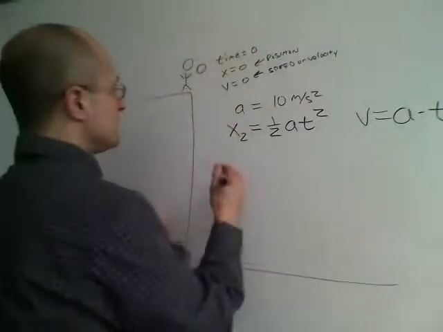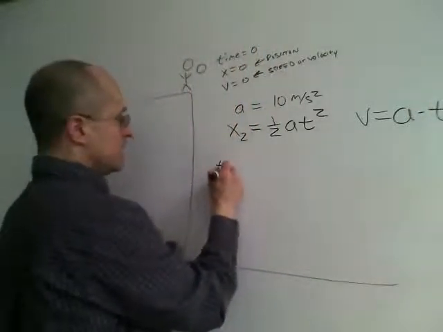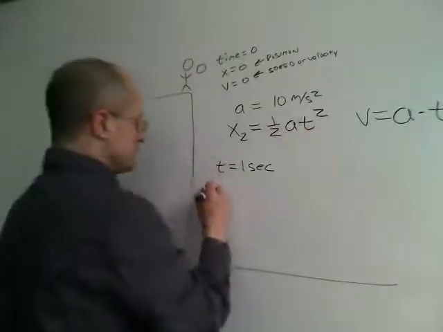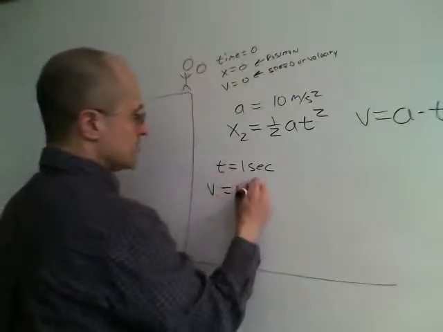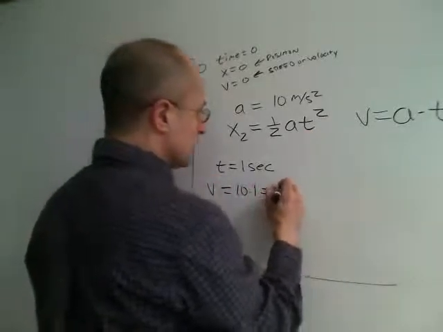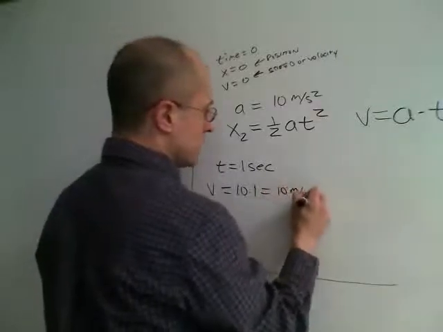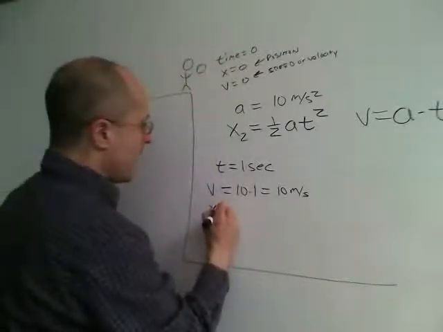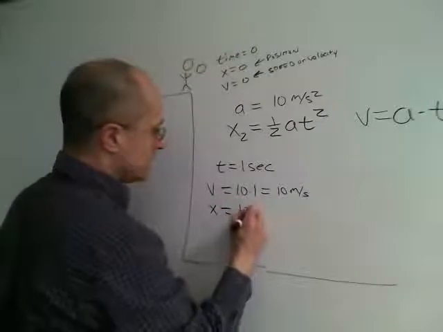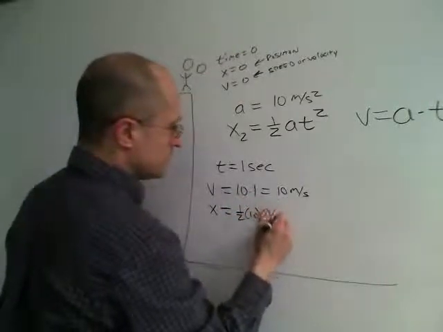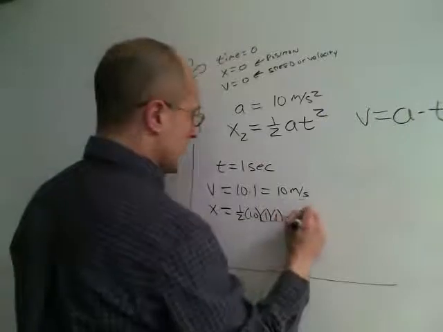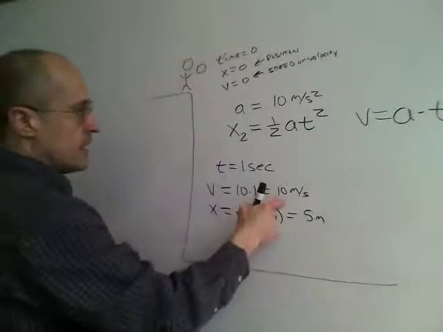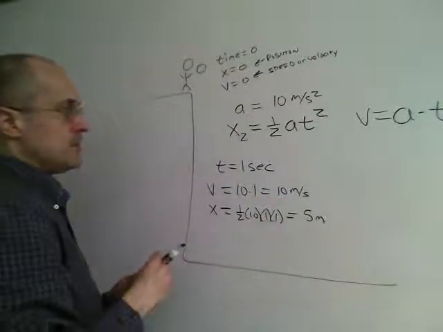Let's say after 1 second, when t equals 1 second, our velocity is equal to 10 times 1, so our ball is moving at 10 meters per second. Where's the ball relative to where we let it go? Our x is 1/2 of 10 times 1 times 1, and it's 5 meters below. So it's gone down 5 meters, and it's moving at 10 meters per second.